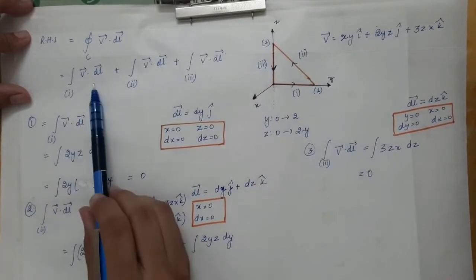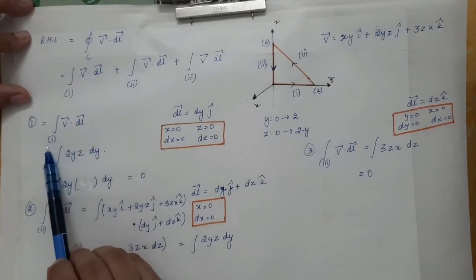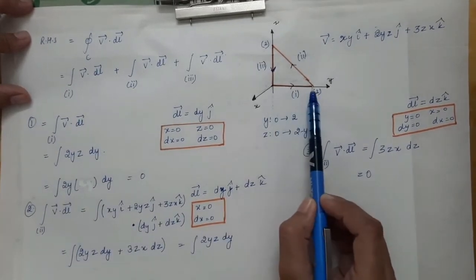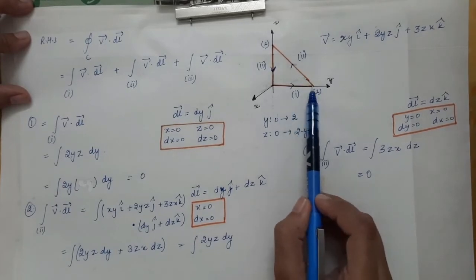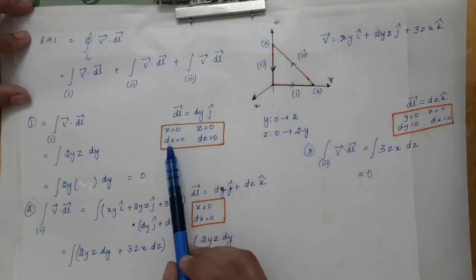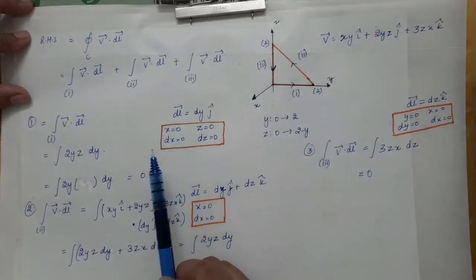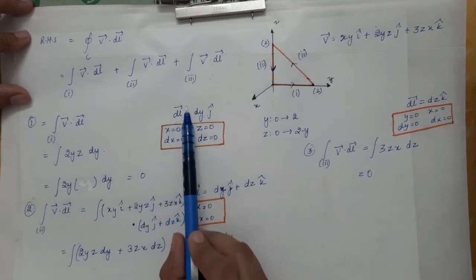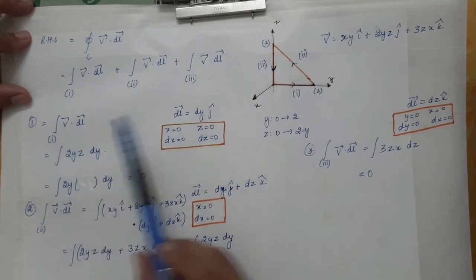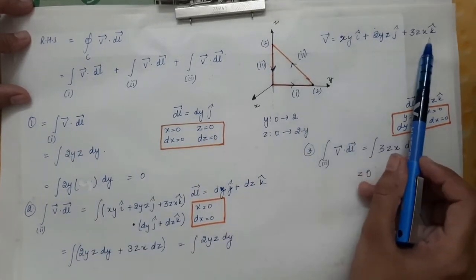So first we will evaluate the integral over the first path, where we are moving in this direction. In moving in this direction, x is equal to 0 and z is also equal to 0, so dx is 0 and dz is also 0. So the dl vector will be just dy into j cap, and vector v is given by 3 components.